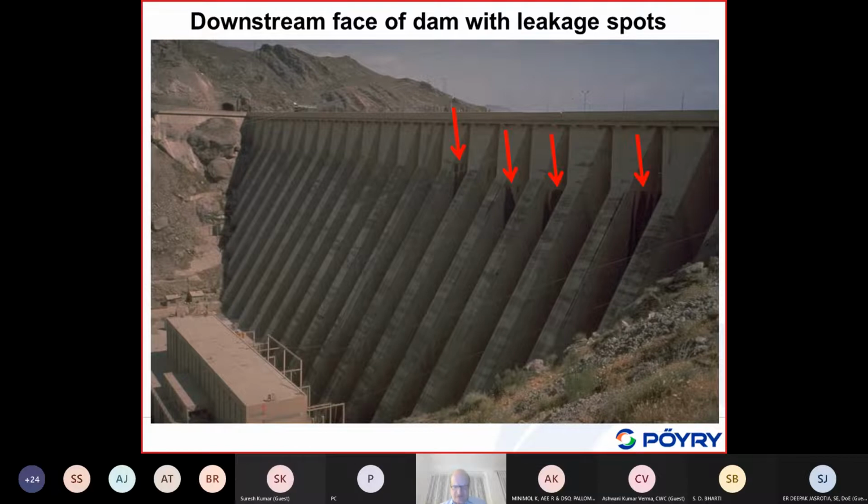And lesson number two is that these cracks developed at lift joints.